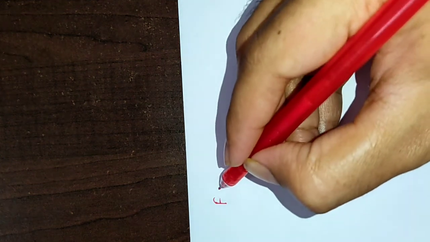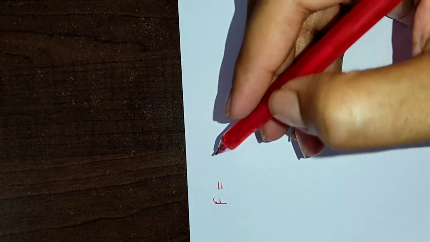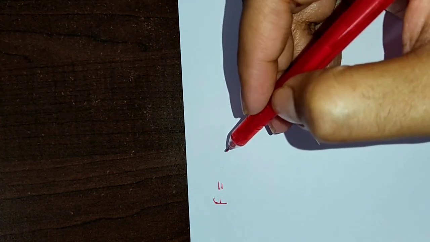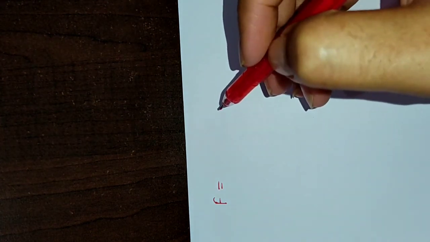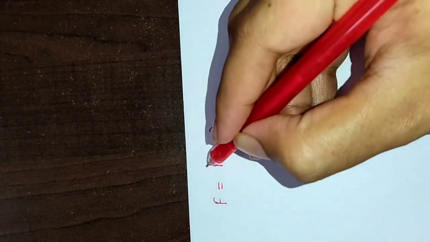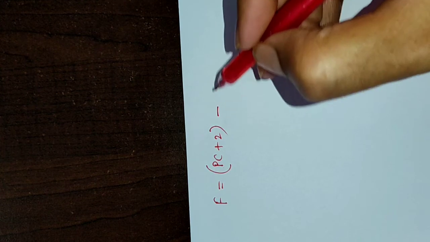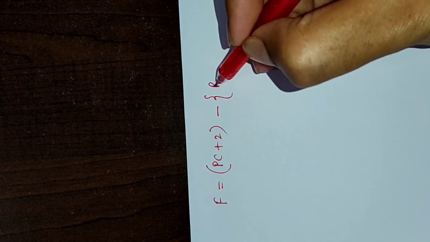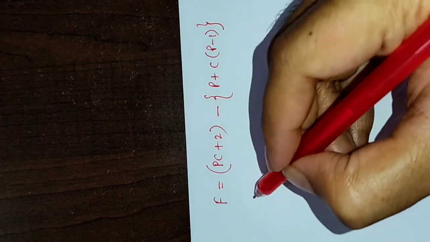Now the degree of freedom or variance, symbolized as F, is defined as the total number of variables that need to be specified minus the total number of available equations. So PC plus 2 is the number of variables that need to be specified, and the number of available equations, as I have just determined, is P plus C into P minus 1.